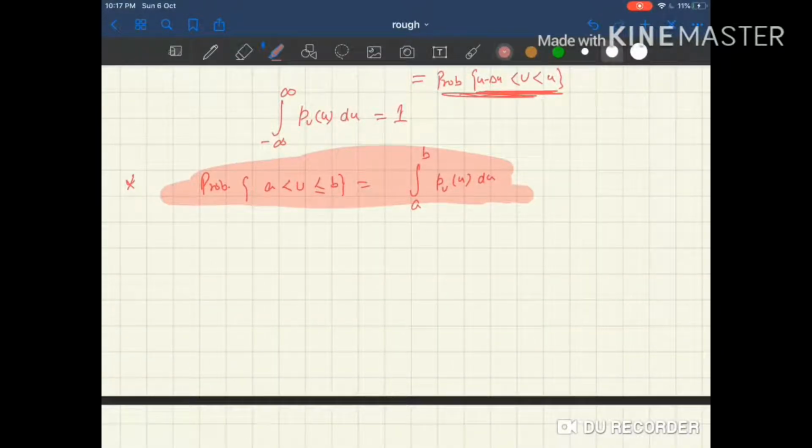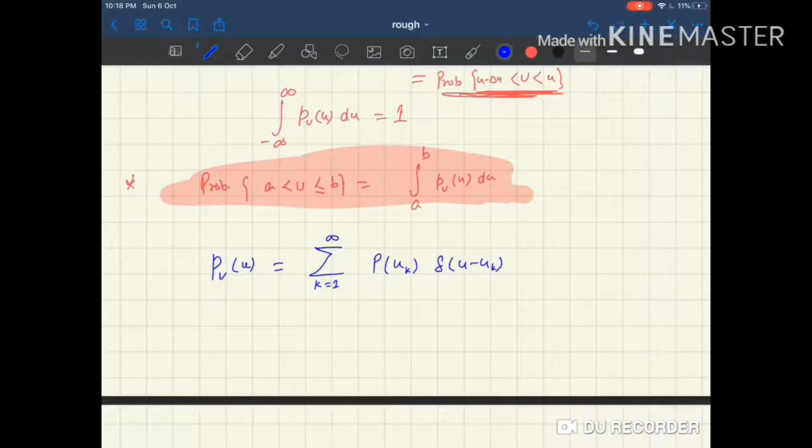In case you have a probability density function of discrete nature, P_U(u) is defined as the sum over k equals 1 to infinity of P(uk) delta(u minus uk), where the uk's represent the discrete set of possible numerical values of u.